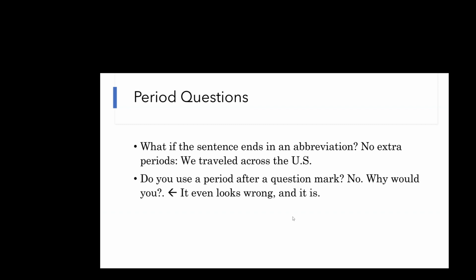He went where? Question mark, exclamation point, or even better, the interrobang, the actual correct punctuation mark. So in my example here, we travel across the U period S period. No need to add another period after that.